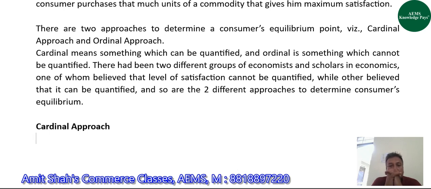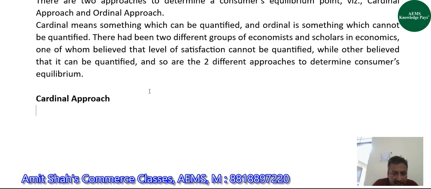Note down this much, guys. Yes, sir. Okay, so as I told you, guys, there had been two different groups of economists under two different approaches, the cardinal approach and the ordinal approach.